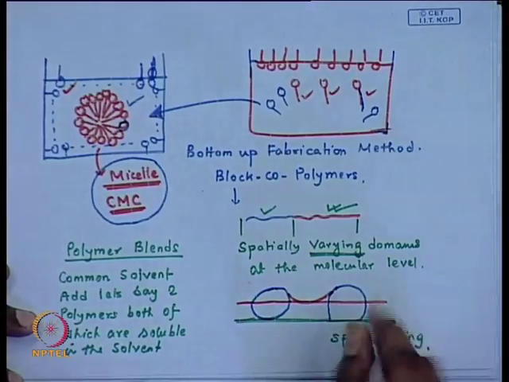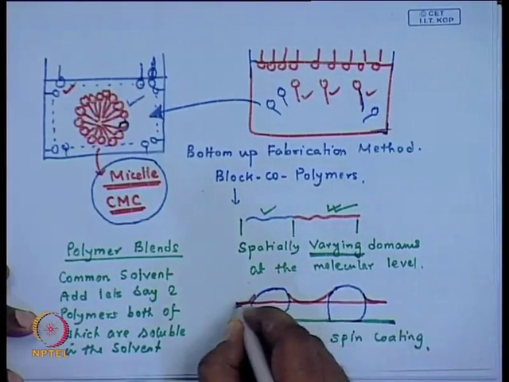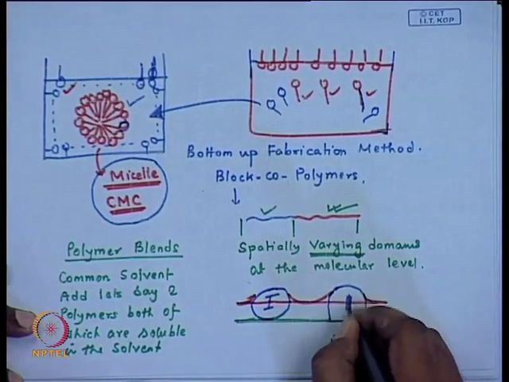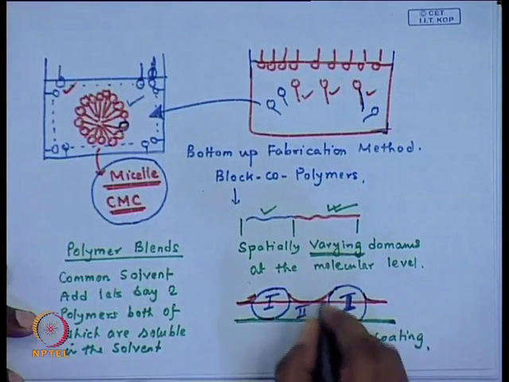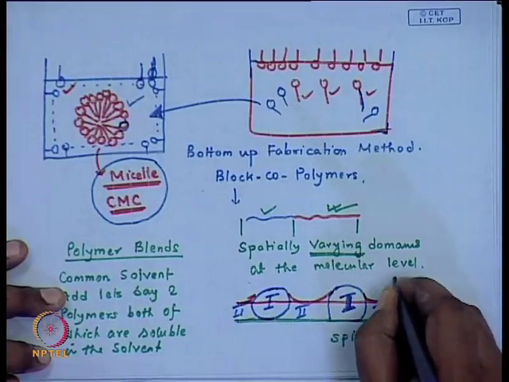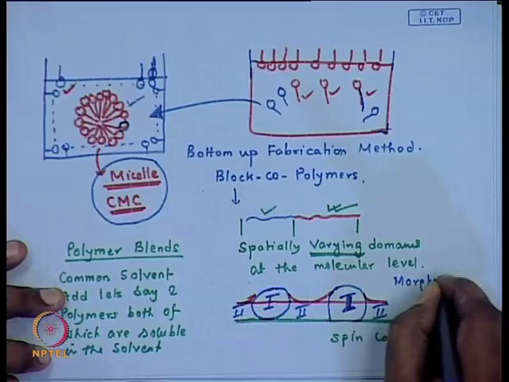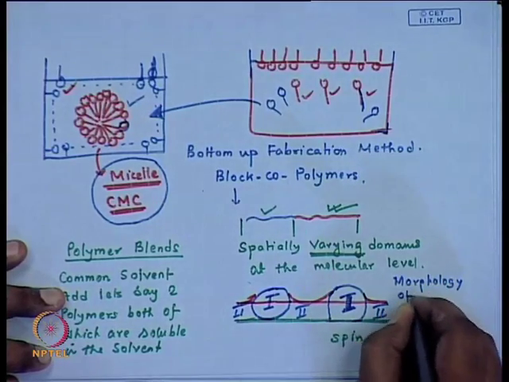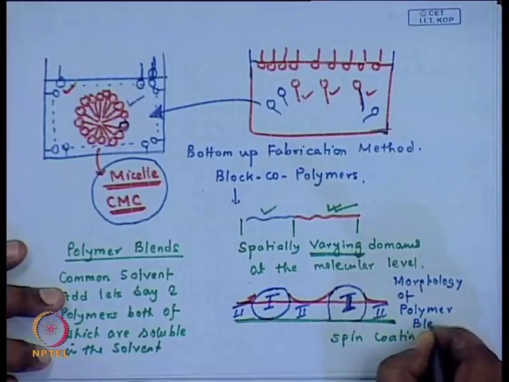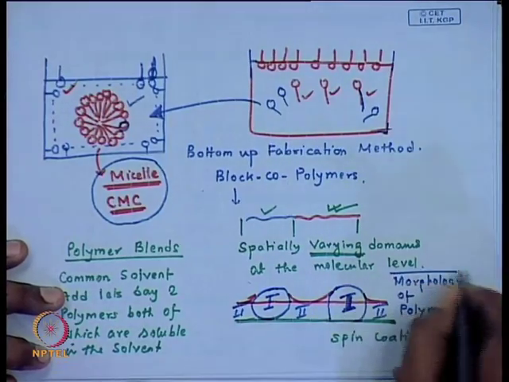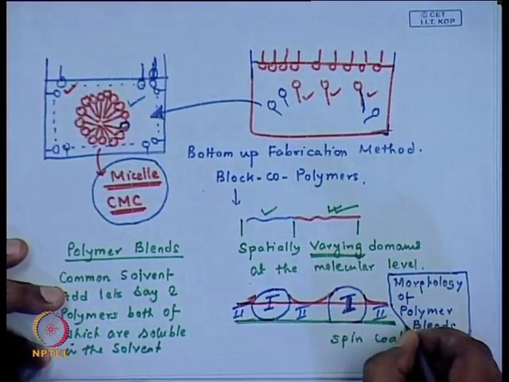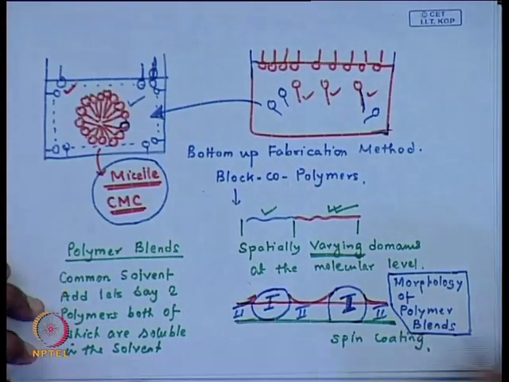So, this domain segregation, let us say this is molecule 1 and this is 2. A lot of research again goes on the morphology of polymer blends, but if you try to realize it from the standpoint of our discussion, there are interactions.